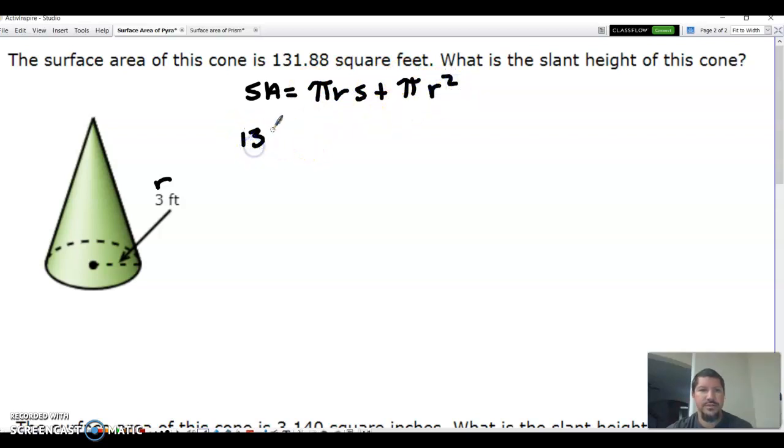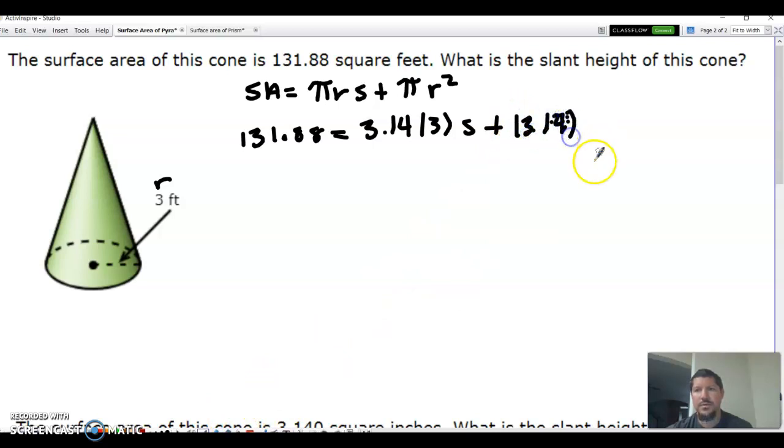So 131.88 equals 3.14 times 3 S plus 3.14 times 3 squared.